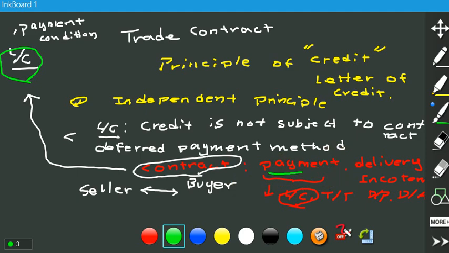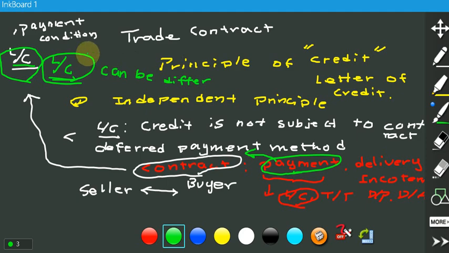Its content may be mostly similar or the same, because it usually comes from the contract, but it doesn't have to be the same. It can be different.